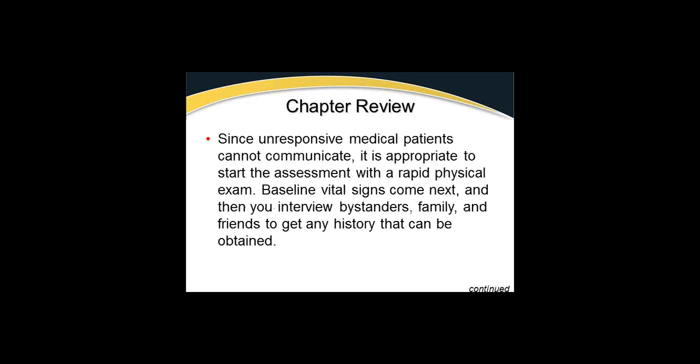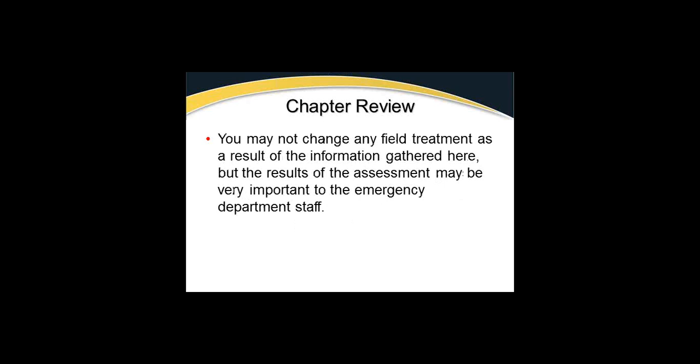Unresponsive medical patients can't give you that information, so we switch focus a little bit to a rapid physical exam, get information from anybody on scene that we can, vital signs, and then get moving. You may not change any field treatment as a result of the information gathered here, but the results of the assessment can be very important to emergency department staff.